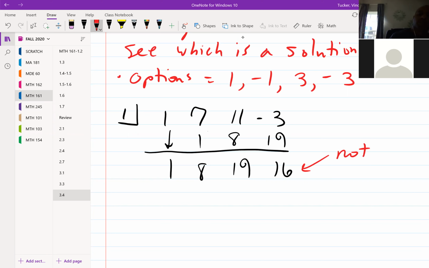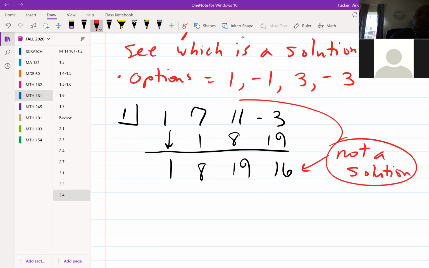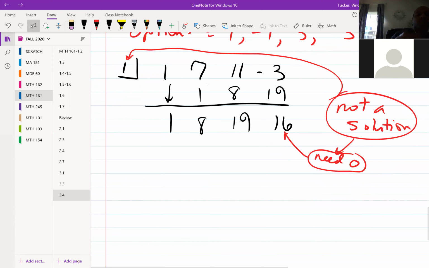So not a solution, because you need a 0 right there.